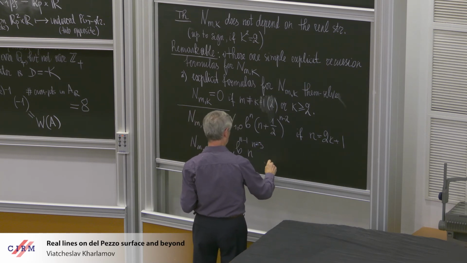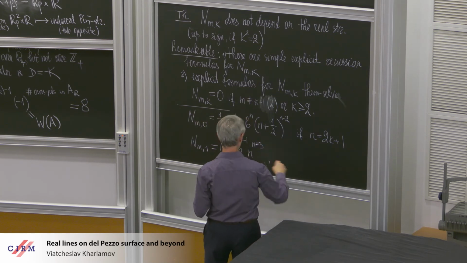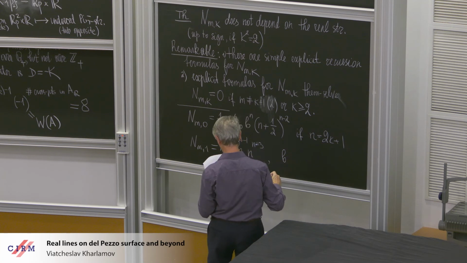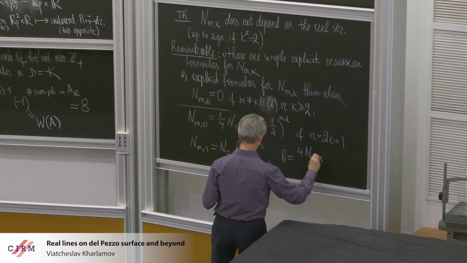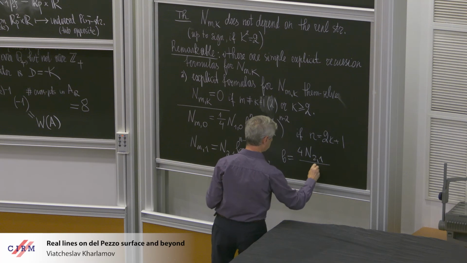And in both cases, b is 4 times N_{1,0} over k squared.